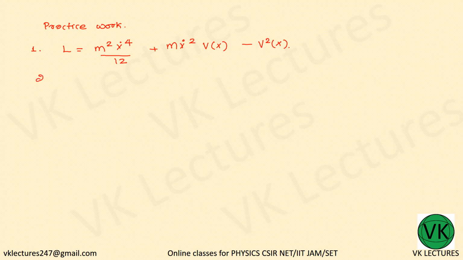Second, Lagrangian is equal to half m 1 plus 4 V square x square x dot square minus mgx square b.